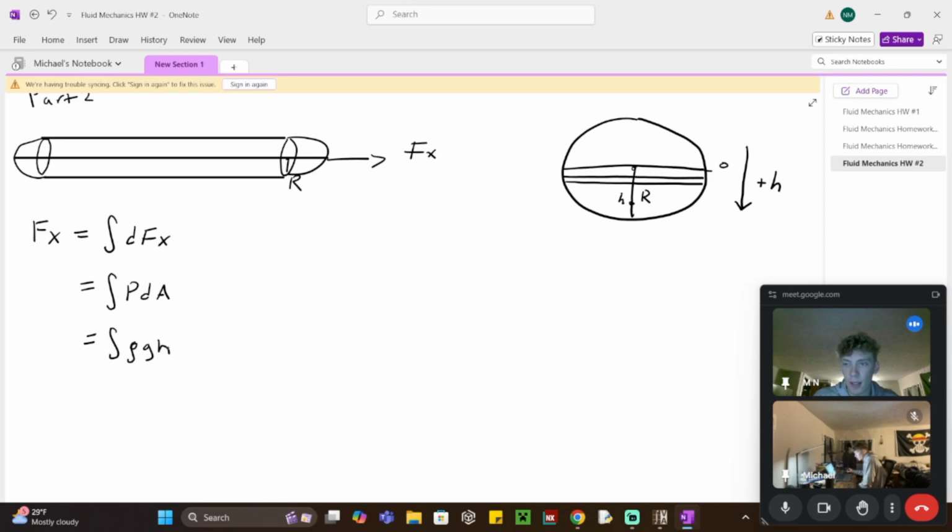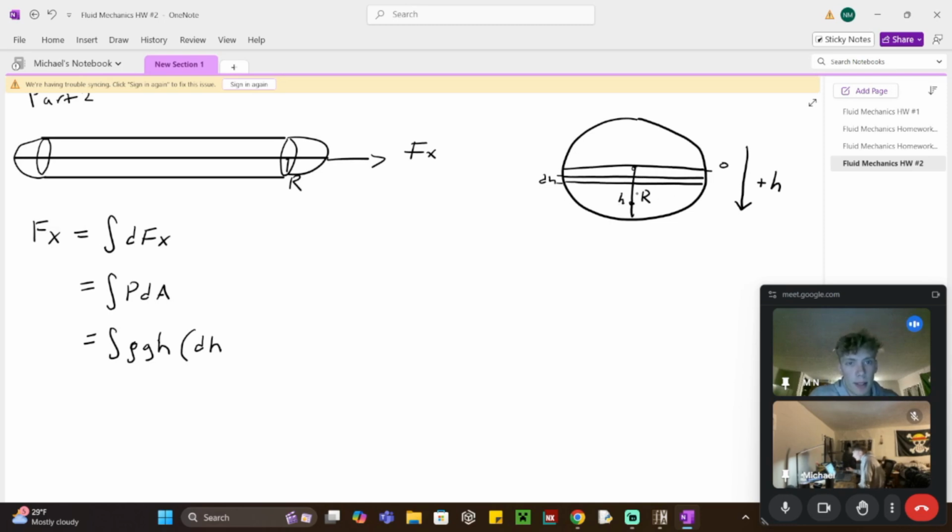Now what is dA going to be equal to? dA is going to be equal to this height, which we're going to call dh, times our width, and our width is changing as we go down. So how are we going to figure that out?